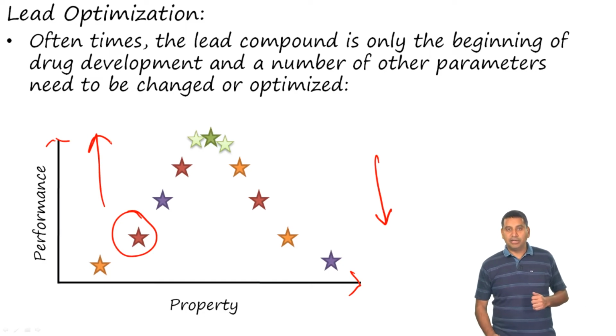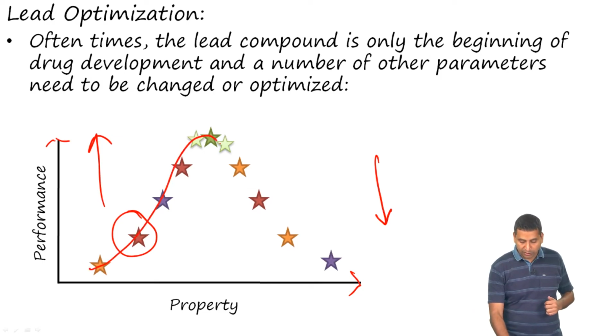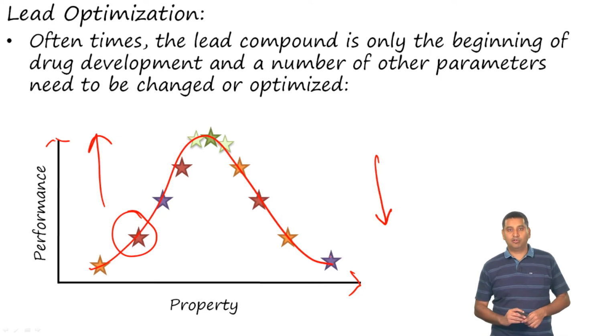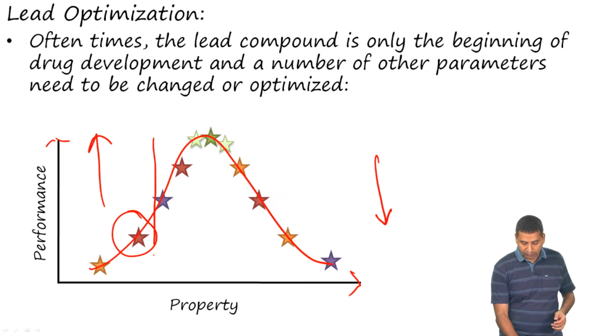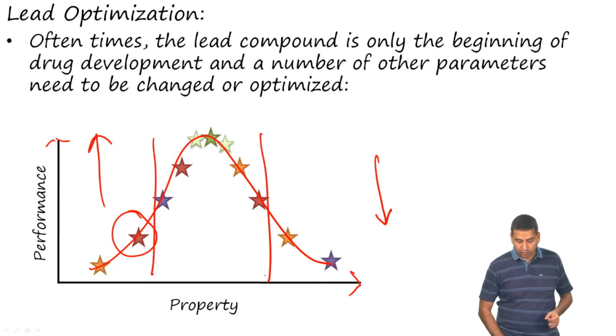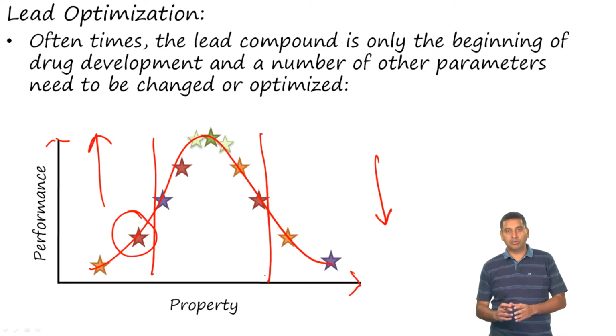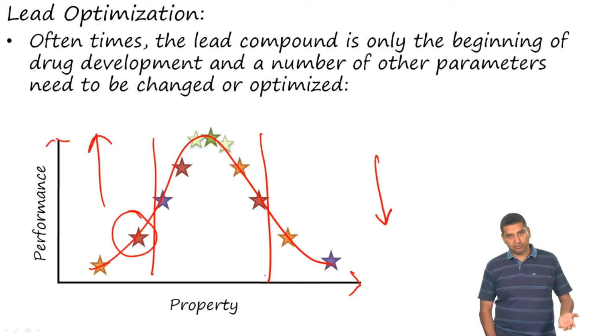Typically you get a bell shaped curve for performance versus property. Therefore, we are restricted to a zone where we get the best performance when a particular property is optimized. This optimization requires synthesis, screening the compounds once again, and so on.